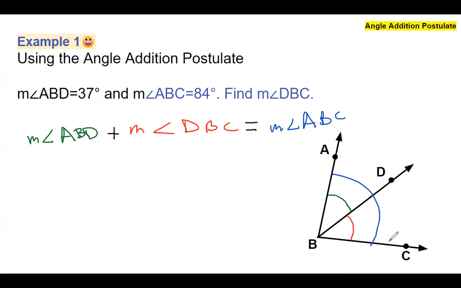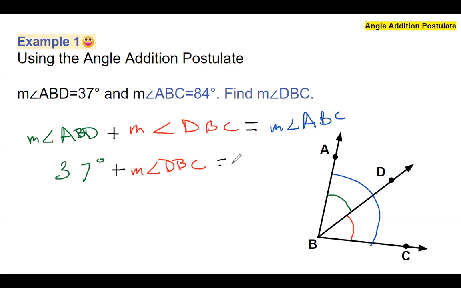Now, let's start putting values to it. What information am I given? What's my first information? ABD, and this one is 37 degrees. Okay, let's go next. Are we given DBC? No, we have that missing, so I'm going to leave it as measurement of angle DBC.